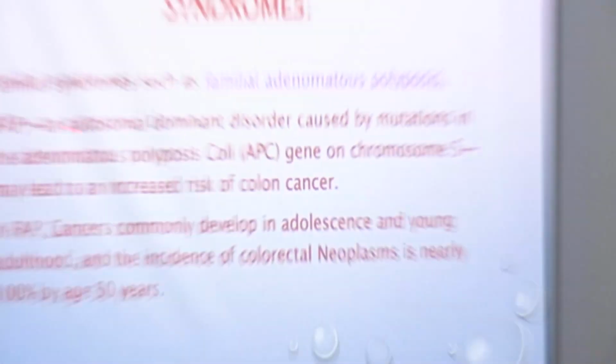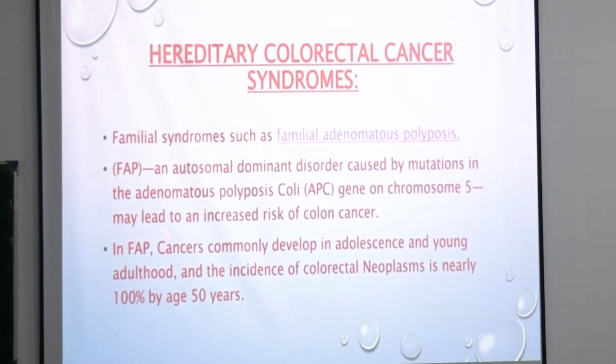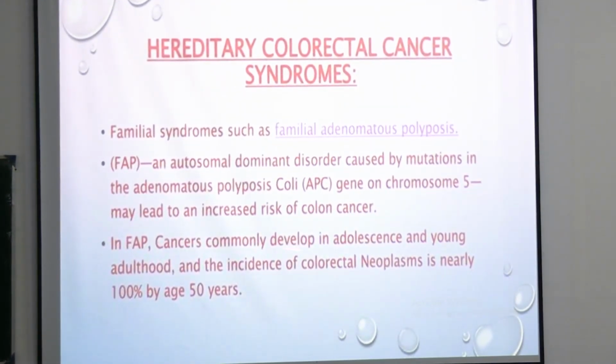These three things you have to remember. And in FAP, the cancer develops in adolescents and young adults. So, although colorectal carcinomas are more common in older age group, FAP is more common in adolescents and young adults.